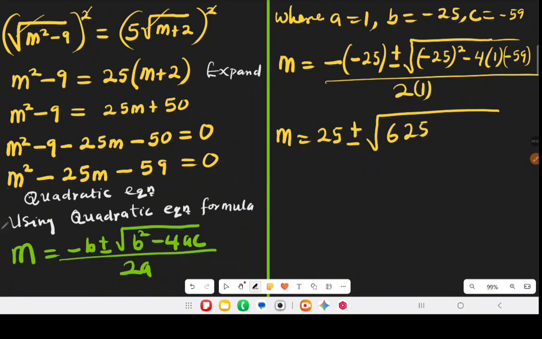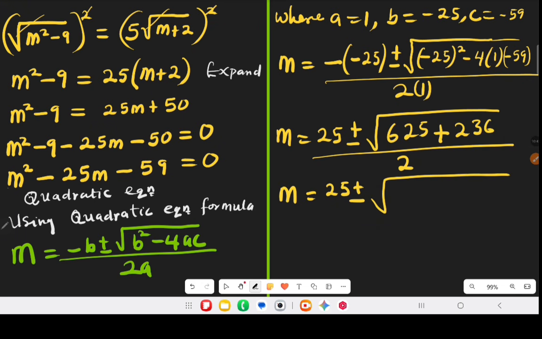Minus times minus gives us plus, and 25 times 25 gives us 625, minus 4 times 1 times minus 59, which gives us plus 236, all over 2 times 1, which gives us 2. So m equals 25 plus or minus the square root of, when we add 625 plus 236, we have 861, all over 2.